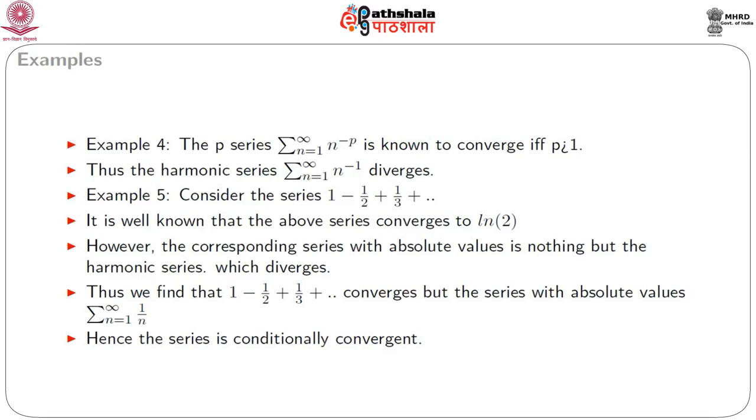Consider the next example, which is closely related to Riemann's zeta function, and this is known as the p-series in mathematical analysis. The p-series is defined as summation n from 1 to infinity of 1/n^p, where p is a real number, and the p-series is known to converge if and only if p is greater than 1.